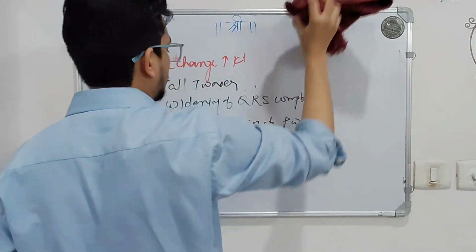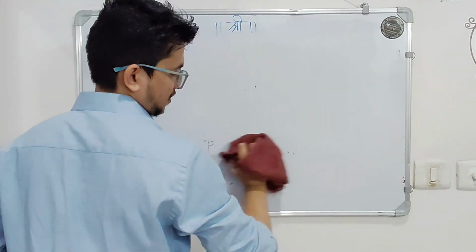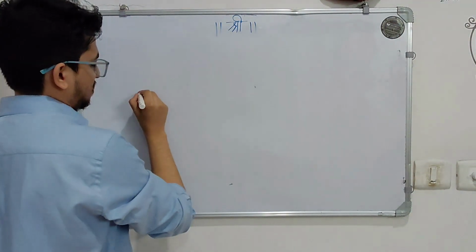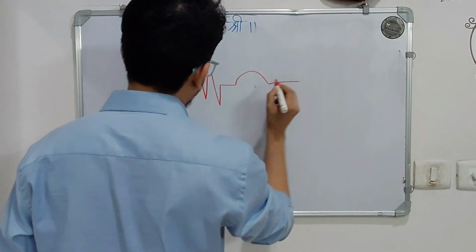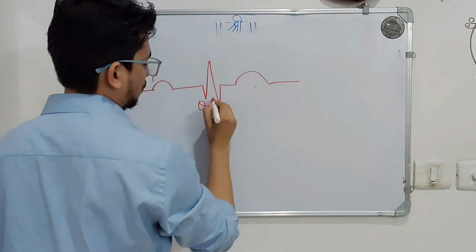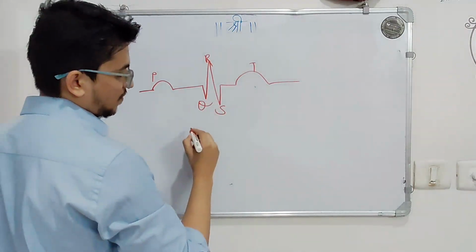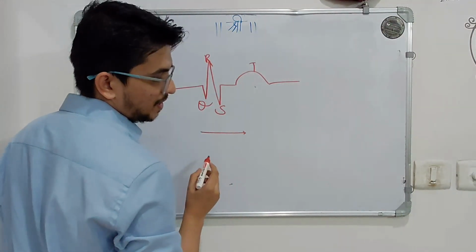You can remember it by a trick. This is a normal ECG: P, QRS complex and T wave. First you go this way, it's showing widening of QRS complex.